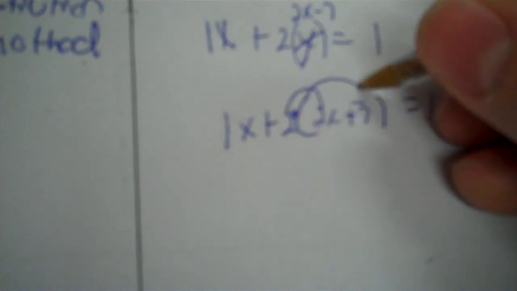Okay, so you're going to have to distribute, make that a plus negative. So I always like to know what I'm multiplying by here. Okay, so that's why I'm making it plus negative. 2 times 2x is 4x. 2 times negative 7 is negative 14. And then you have the 1x that you have to add. So now you combine your like terms of x.